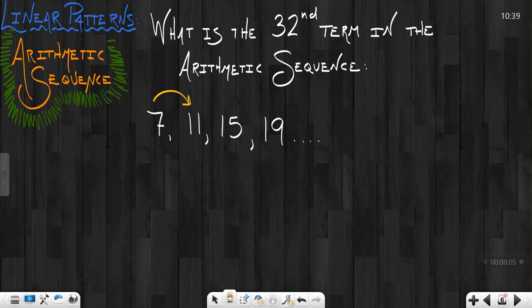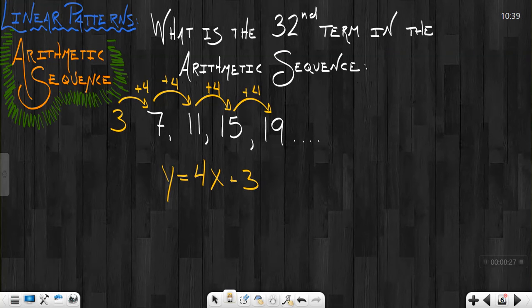First thing I'm going to do is find out the increase each time. What am I adding or subtracting? In this case, 7 plus 4 is 11, plus 4 is 15, plus 4 is 19. So my equation is going to start off with y equals 4x. Now, where would I begin? Well, what plus 4 is 7? Well, 3 plus 4 is 7.